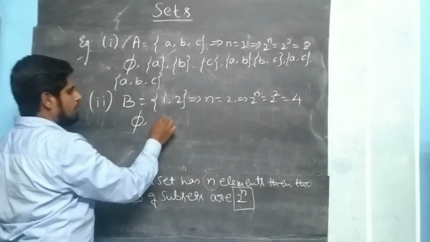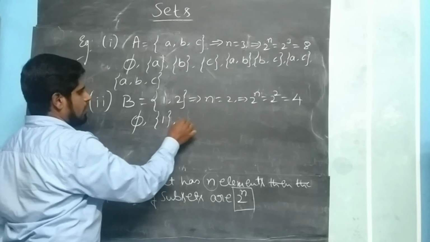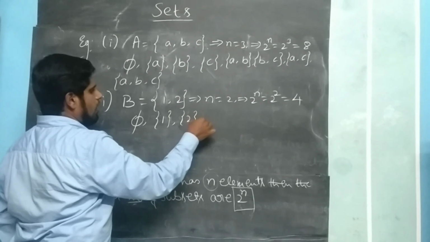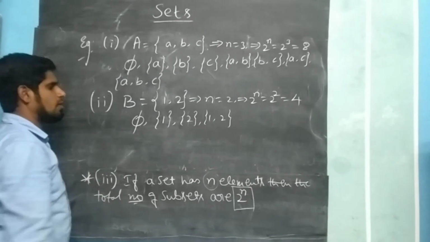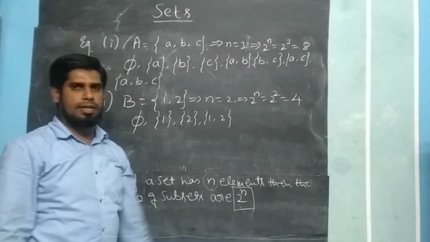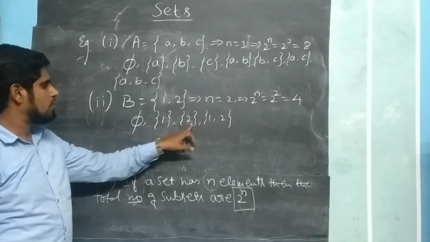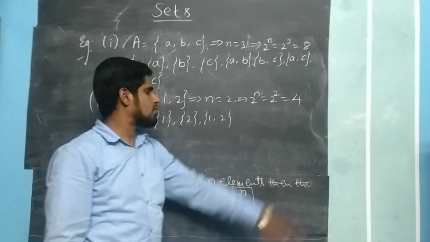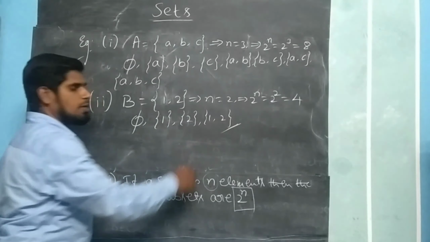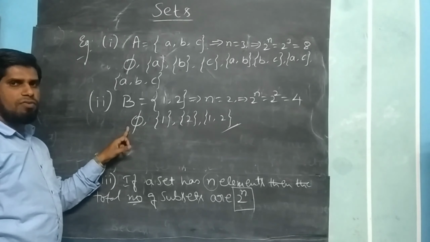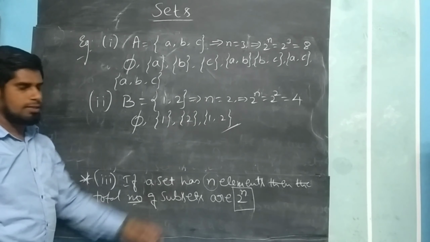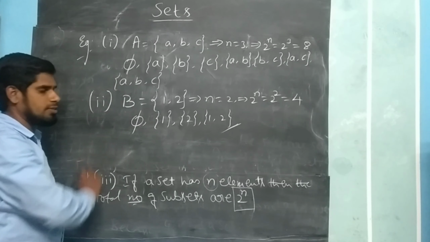Then the single elements, 1 and then 2. And last is the set itself. Just check, you cannot write any other subset here. So 4 subsets, and this is the formula. Yes, this is about subsets. Remember, null is always a subset of every set. It must be the first subset actually.